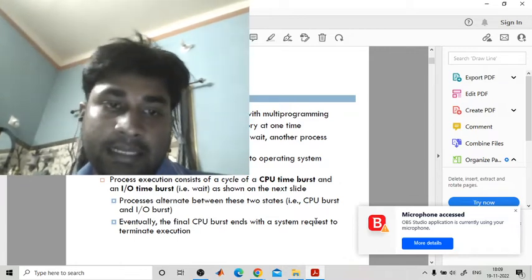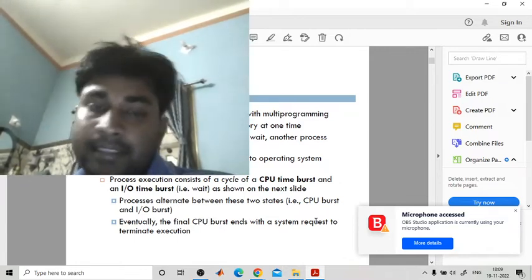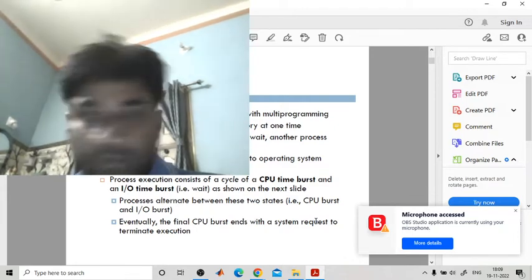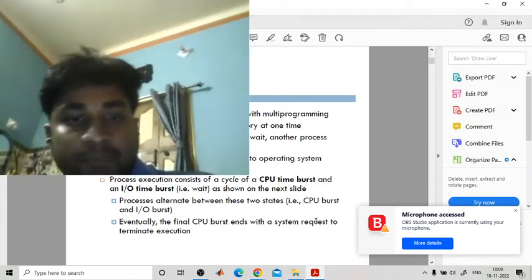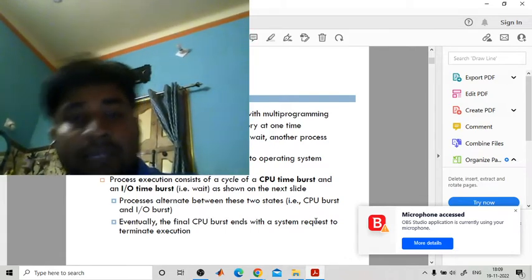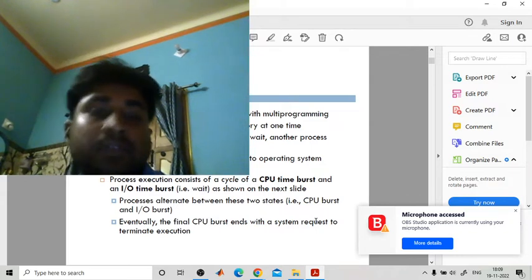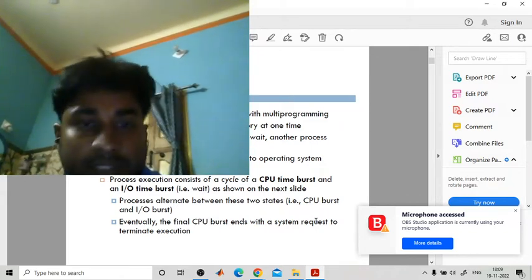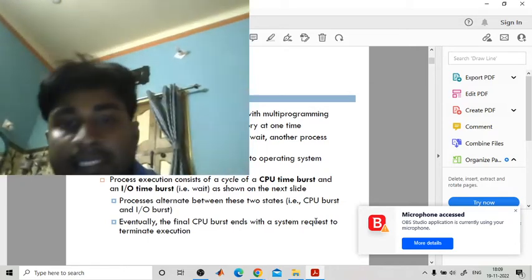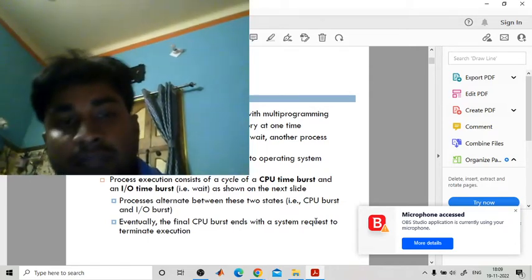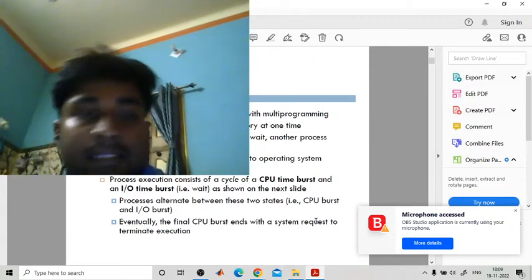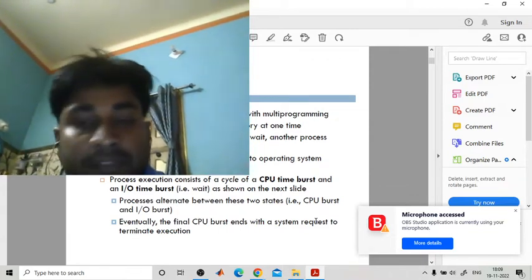And there is some technique where one process is running at a time, and another process may come during the execution of the current process. That is one type of scheduling. So basically there are two different types of scheduling: one is preemptive scheduling and the other is non-preemptive scheduling.